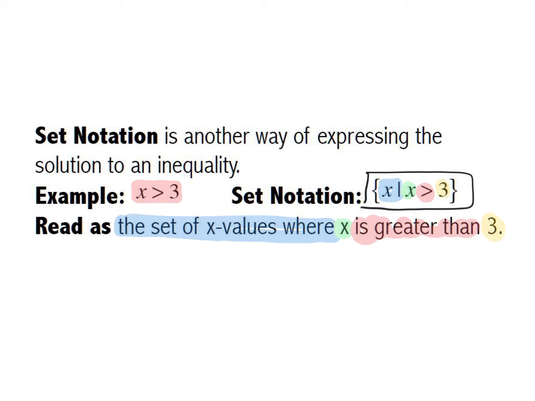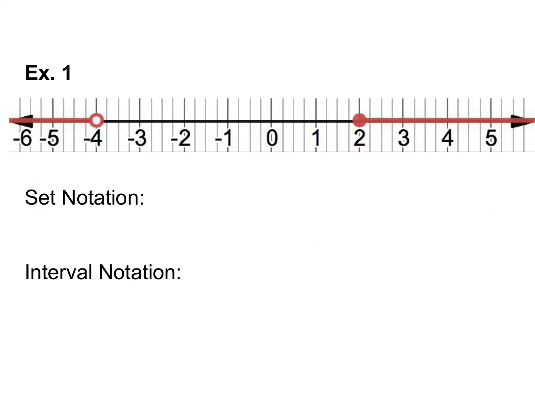Okay, so notice how that blue represents what's highlighted in the set notation. Of course, the green is your x value, the inequality is greater than, and the yellow represents the number 3. Okay, so let's go on to the first example.